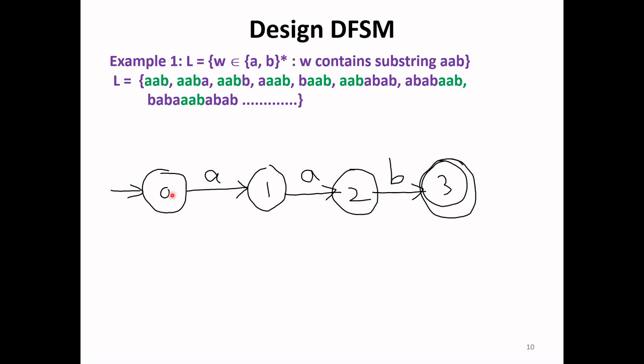From the initial state we have a transition for A going to state 1. What about B? What happens if I take B as a self loop to the same state Q0?